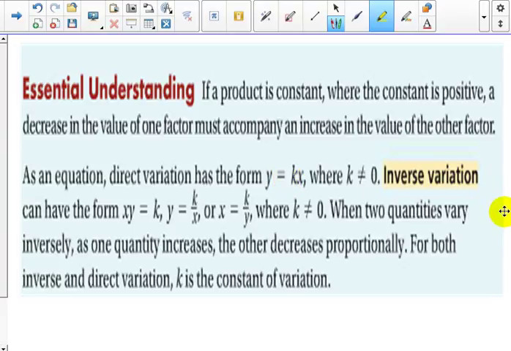Now, an inverse variation can have the form of x times y equals k, y equals k over x, or x equals k over y, where k cannot equal 0.